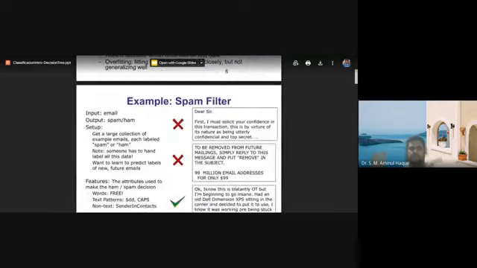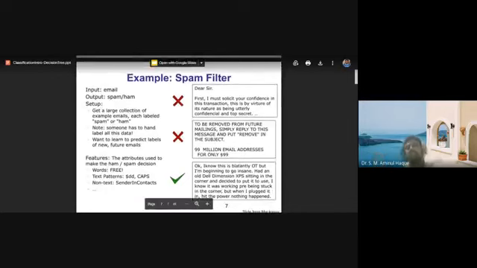So let's see an example about the email spam filter. I believe that all of you have received a spam email in your inbox in your lifetime. You may have noticed that there are some spam emails in your spam folder, sometimes in your inbox, and you manually forward them to the spam folder.